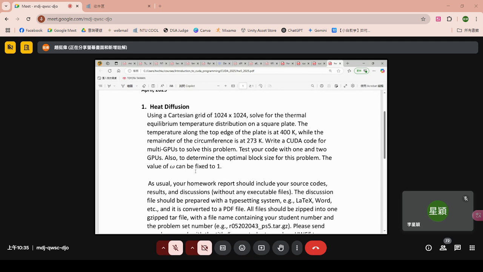Of course you cannot plot all the time slices because there could be many iterations, so you can just sample some of the distributions along the way until it reaches thermal equilibrium. Or at least you should plot the temperature distribution in thermal equilibrium.